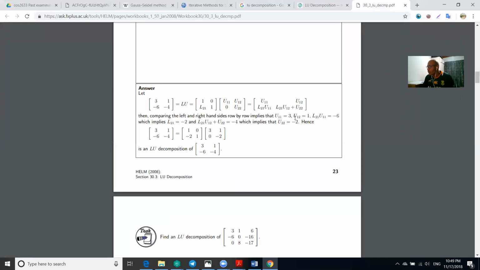U12 equals... Oh, this is what you're going to be doing.